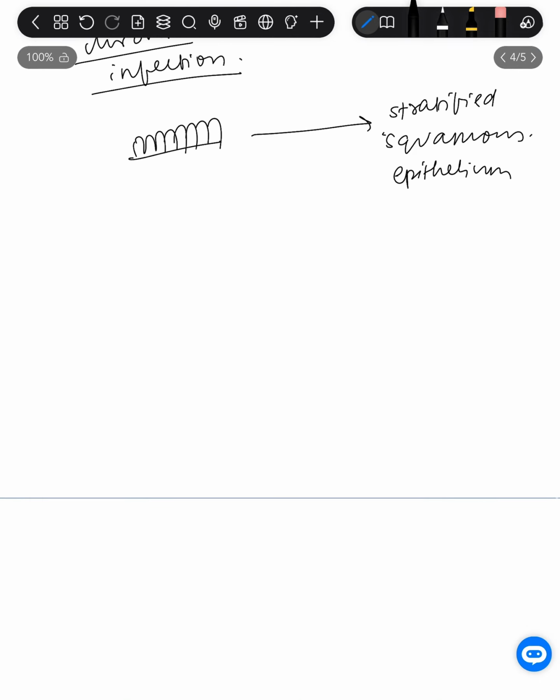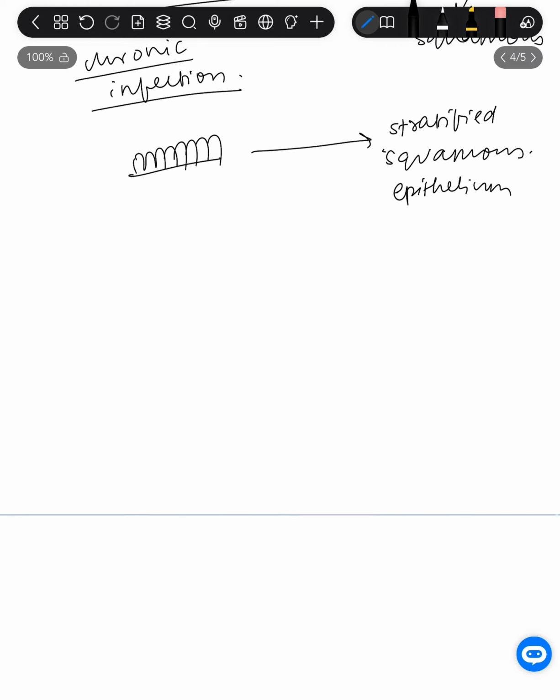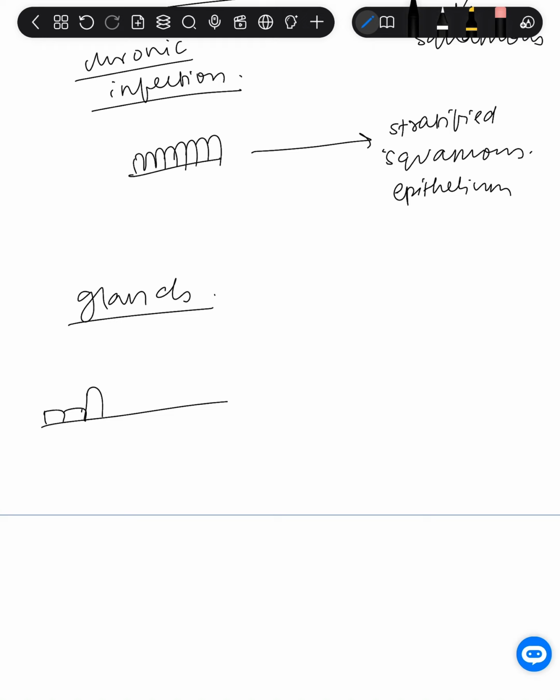Okay, moving on to another example of squamous metaplasia. Our secretory ducts, we have glands. In glands we have mainly salivary glands, we have the gallbladder, we have so many glands. In the glands we know the ducts are lined either by cuboidal or by columnar epithelium.